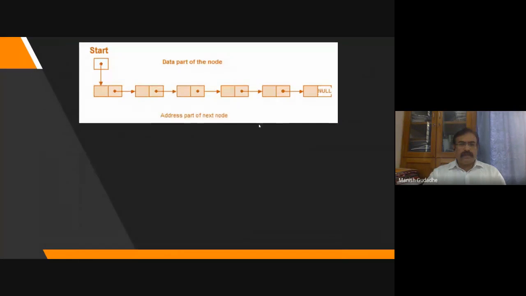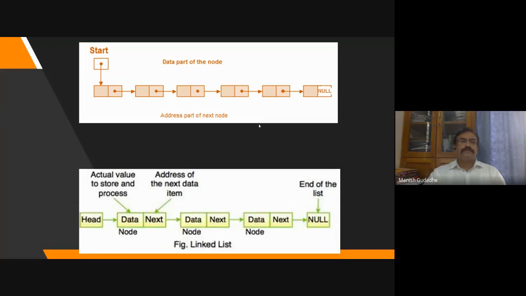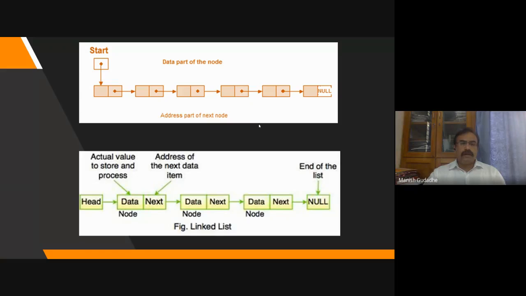And these were the diagrams through which we are trying to understand what a linked list is. So in a linked list, the elements are chained or connected with each other in such a way that we can traverse all the elements one by one. When we come to the first node, we will come to know the address of the second node.